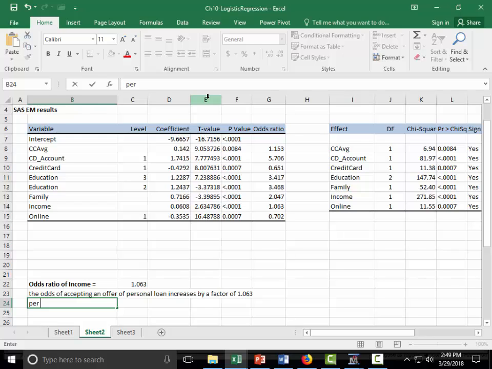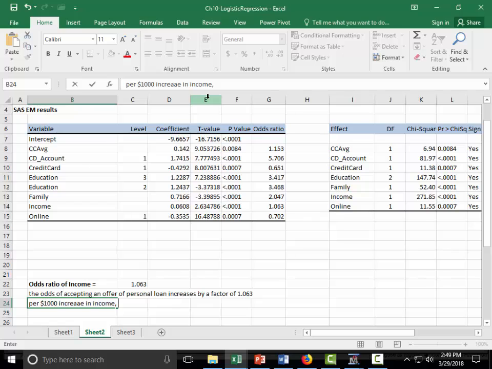Okay, remember, income is in $1,000, right? So for a $1,000 increase in income. Since this is multiple regression, we have to add this caveat. Always in multiple regression you have to do that.